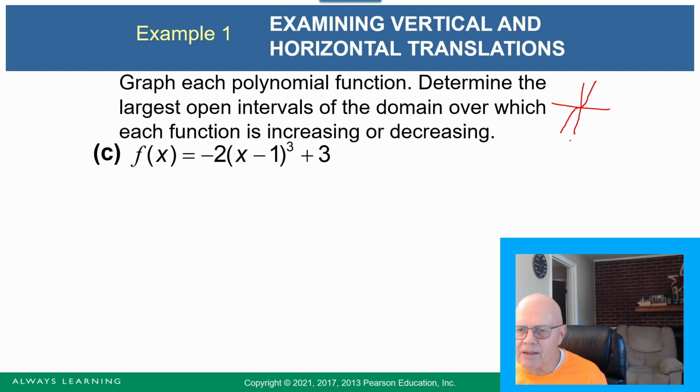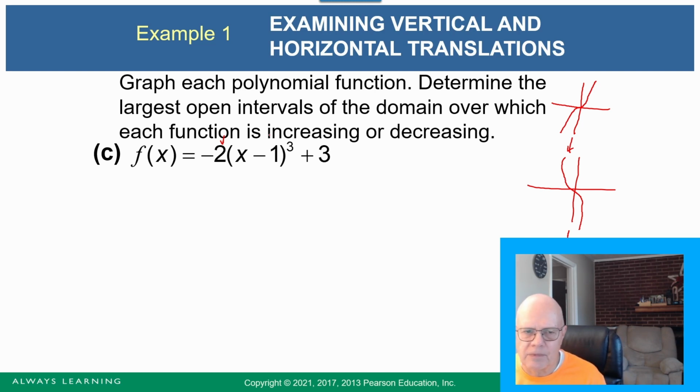That means that it's going to look like this instead. Turn that upside down. Next thing, there's a 2 there. That means it's going to be narrower. So instead of this, it's going to look more like this. Try to make that narrower.